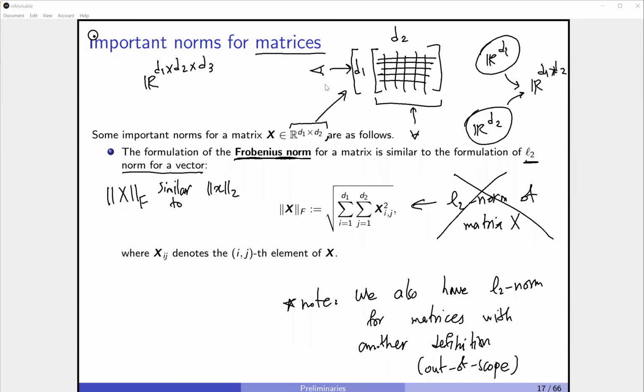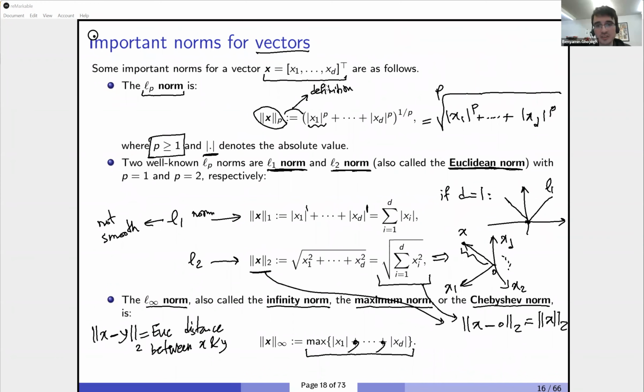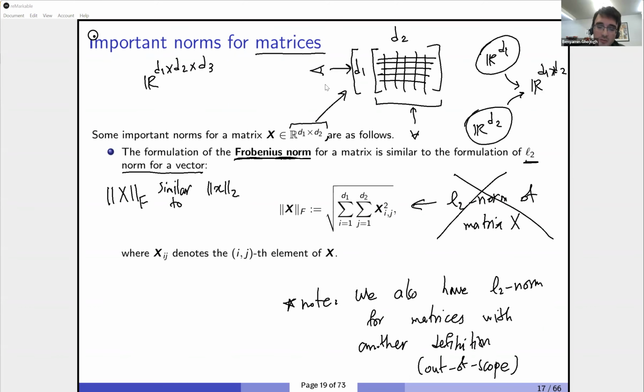Look at the L2 norm: you have only dimensions 1 to D. But in a matrix, you have dimensions 1 to D1 and also 1 to D2, because you have both rows and columns. Except for this difference, everything is similar between the Frobenius norm and the L2 norm.